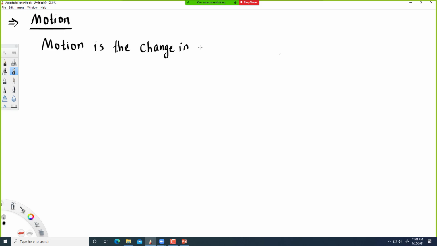Change in an object's position. It could also be orientation. Okay, with the passing of time.